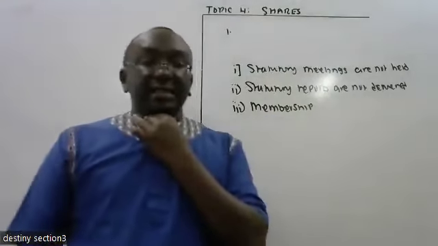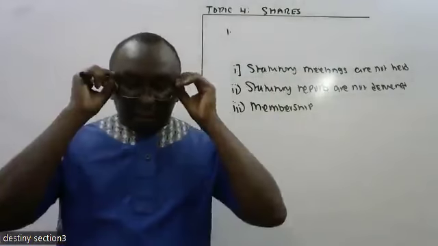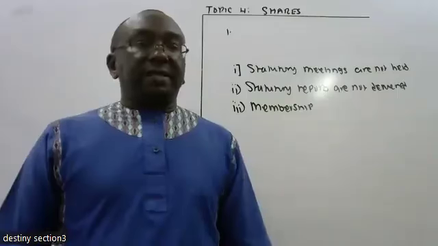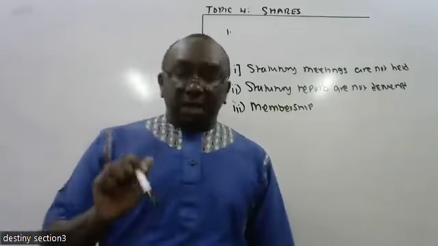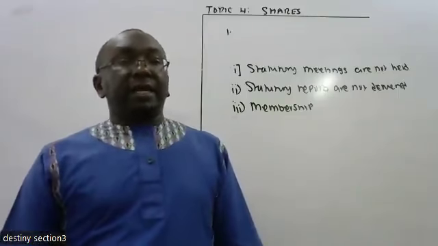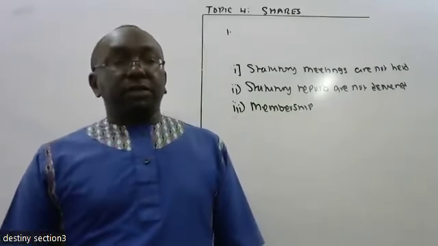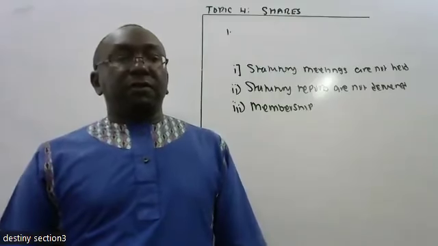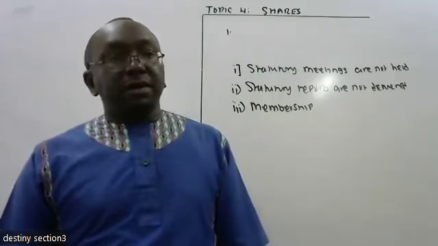So those are the instances that make the rights of a shareholder. If you are a shareholder, it is your right to get notice of the meeting, attend this meeting, vote in the meeting, and inspect the minute book.